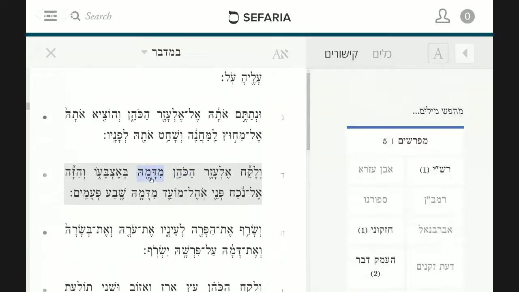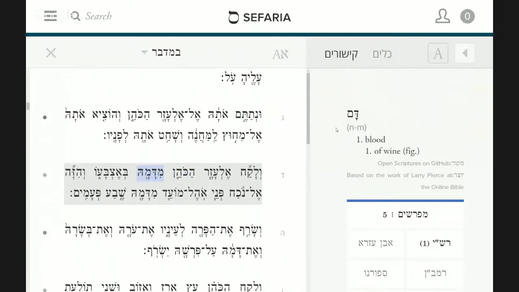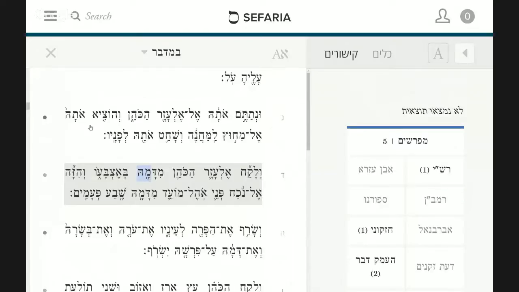Midama. Okay, so dam is the root of this, and it's blood. The ah on the end is the same as the ah on the end of otah, meaning its or her. So damah is her blood or its blood. And the mi is usually translated as from, but in this case, it means some of.